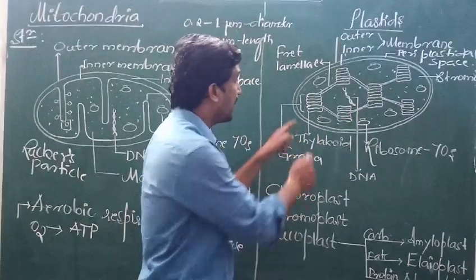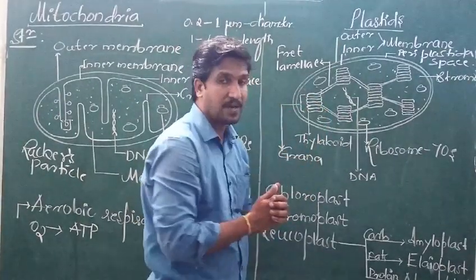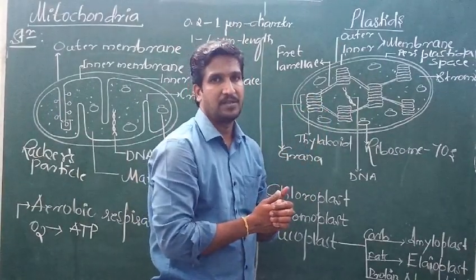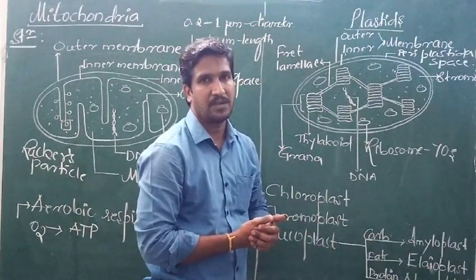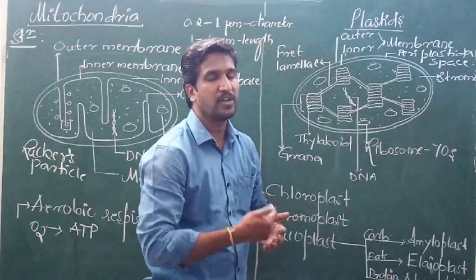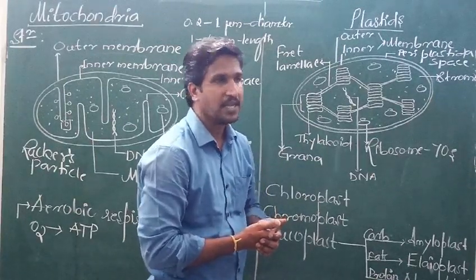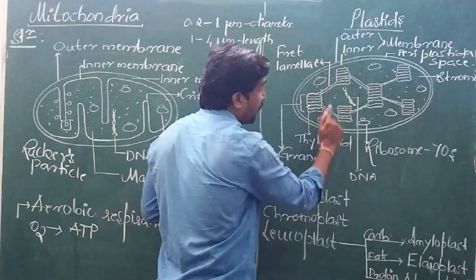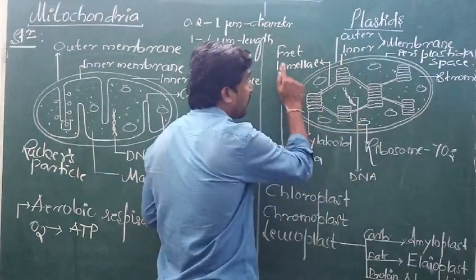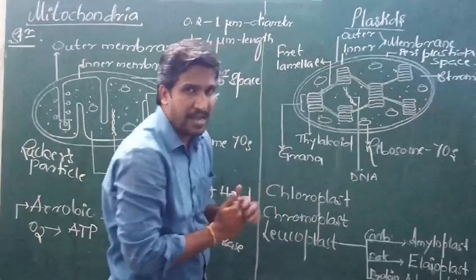Inside this grana, the reactions take place, like the schematic representation you are going to learn in future classes. Each grana is connected by a flat structure called fret lamellae.